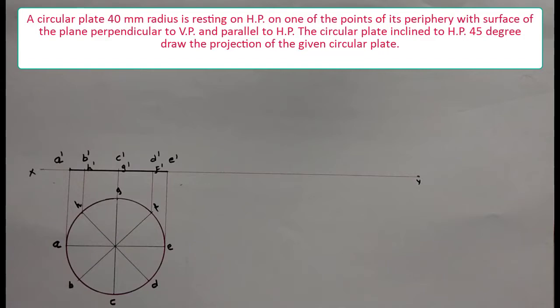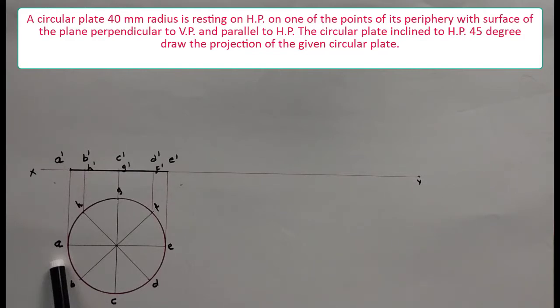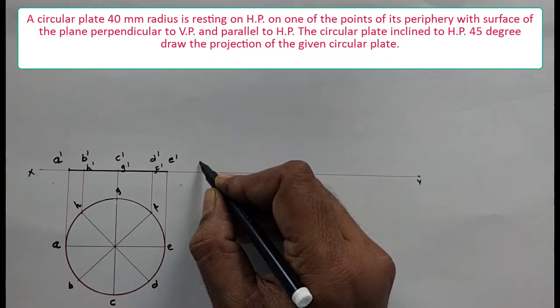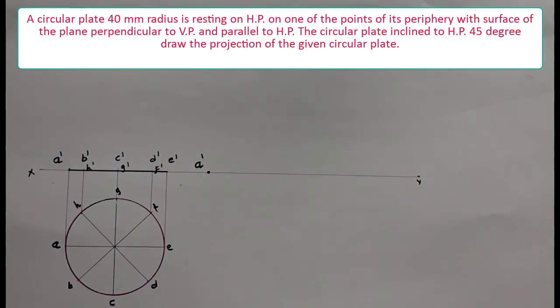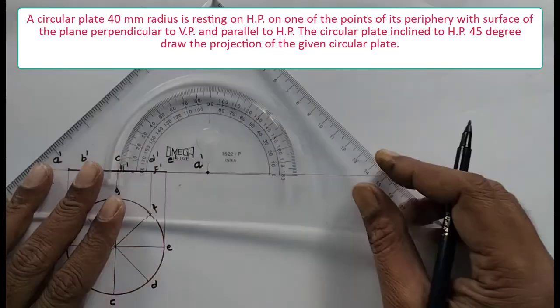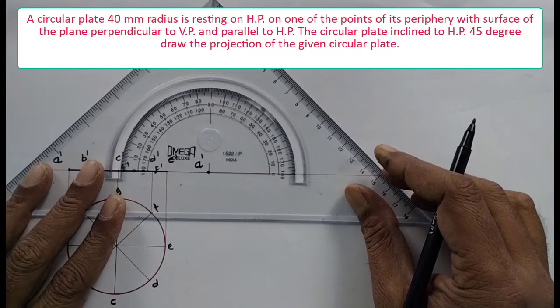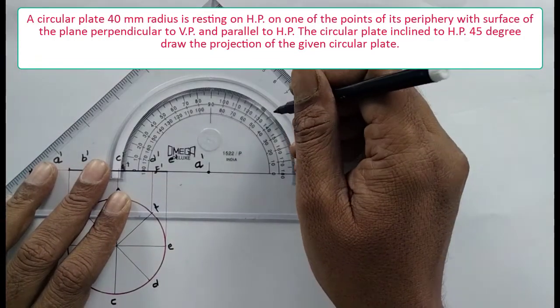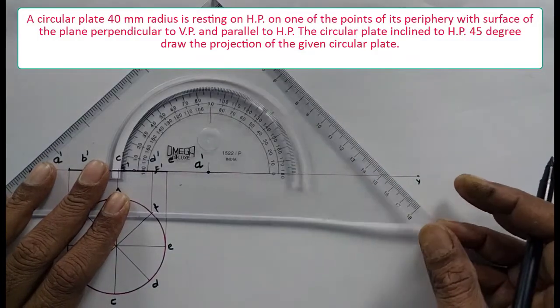Now your plate is inclined to HP at 45 degrees and perpendicular to VP, with one point A on the HP plane. So first I mark the A dash on the XY line. At A dash, I take the 45-degree inclination.